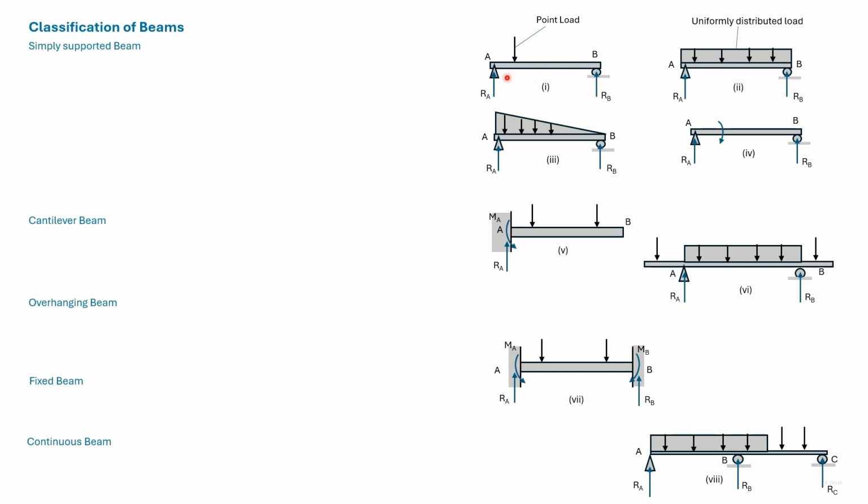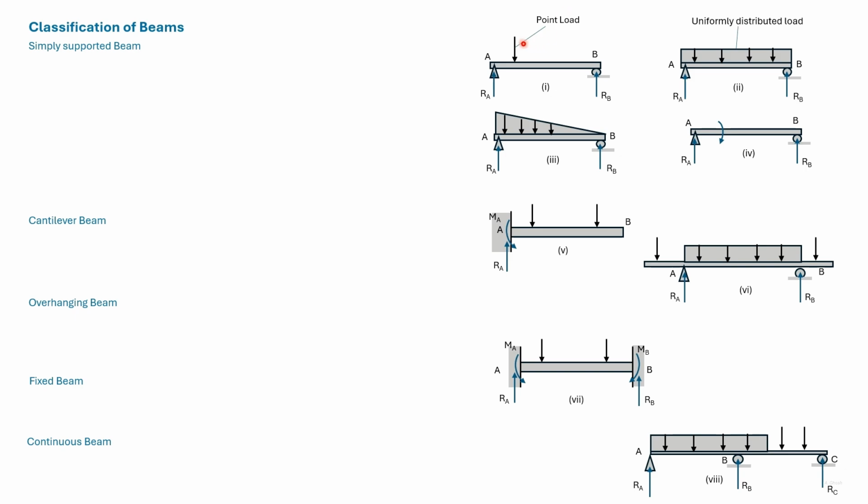We can consider moment about a point, say A, and summation of vertical forces equal to 0. Or we can consider moment about 2 points, A and B. Therefore, a simply supported beam is statically determinate.